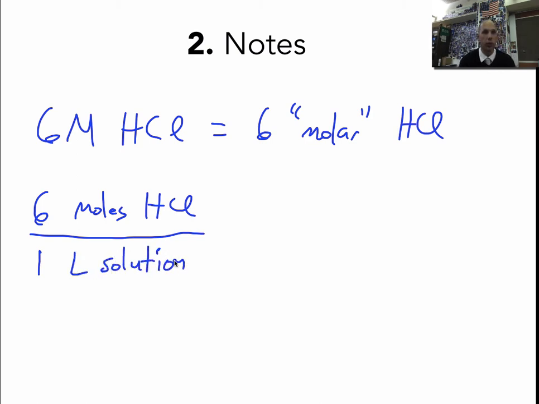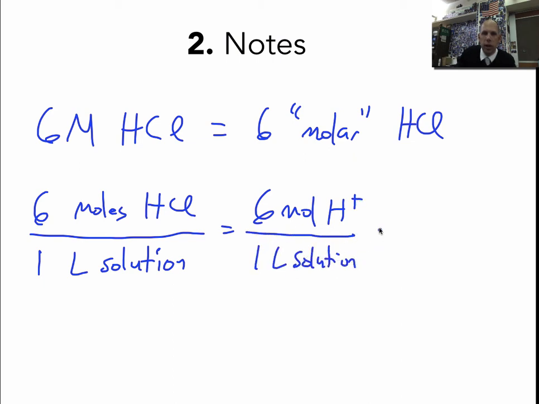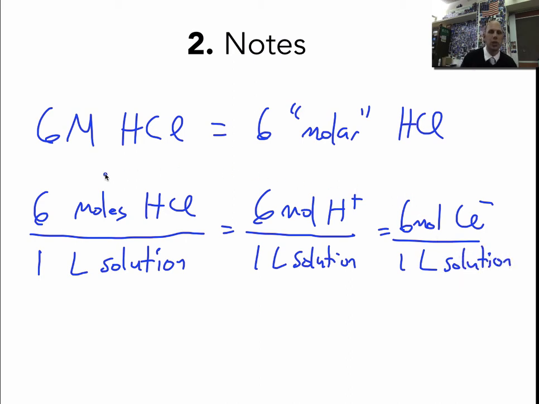That's exactly what that means. That also means that there are 6 moles of H plus dissolved in every 1 liter of solution. And that means that there's 6 moles of Cl minus dissolved in every 1 liter of solution. And we see that because for every 1 HCl, there's also 1 H and 1 Cl.